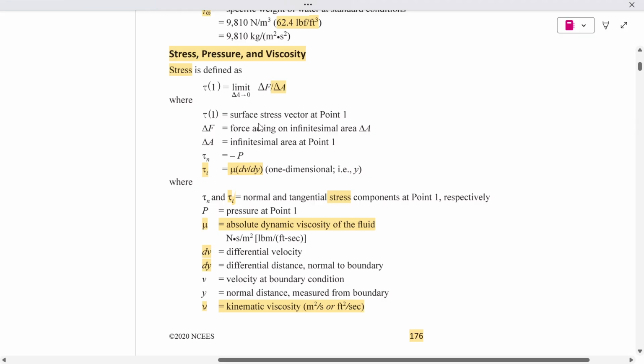So tau is the tangential stress component. Tau n is normal, tau t is tangential stress component.